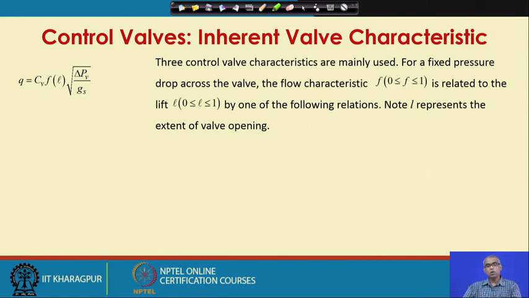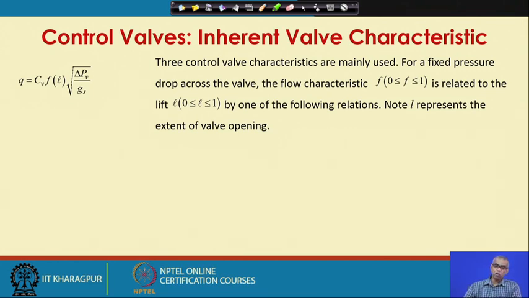So, let us first talk about inherent valve characteristics. Here the control valve is not installed. Three control valve characteristics are used.